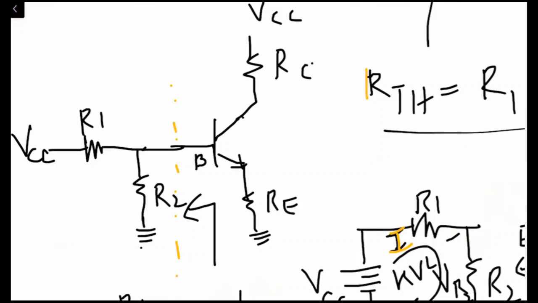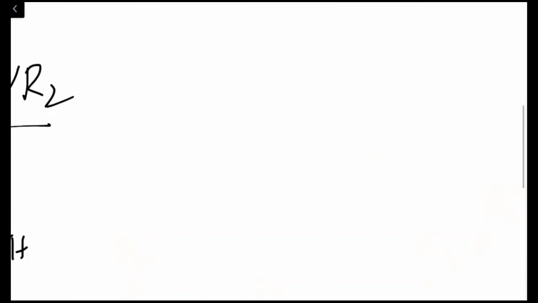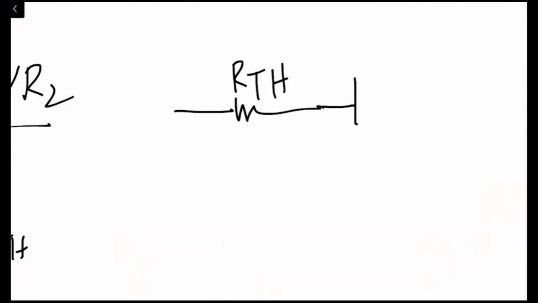So we can replace this with our values, and when we replace this with our values, what we have now is RTH, which is connected to the base of the transistor.